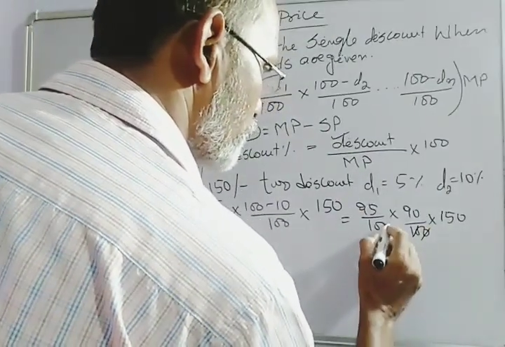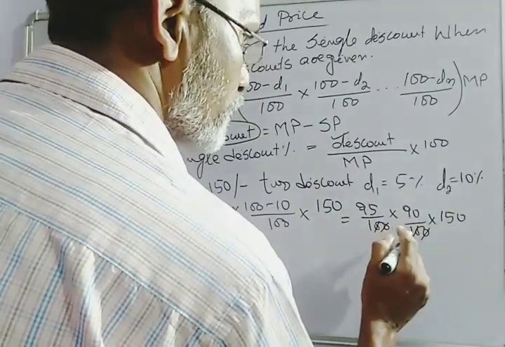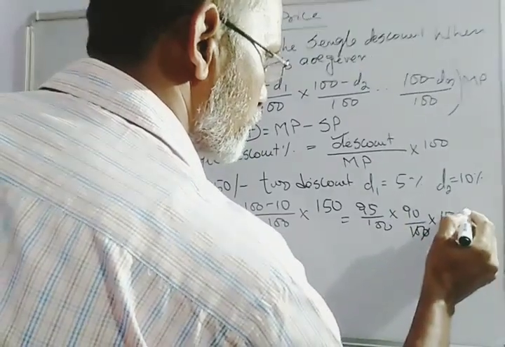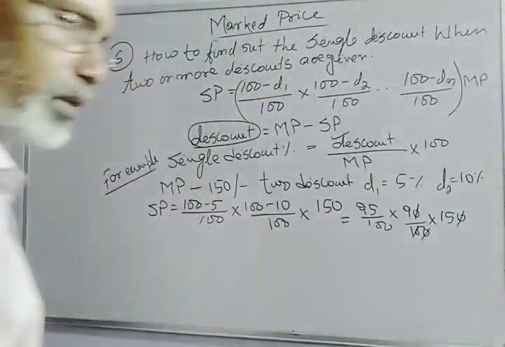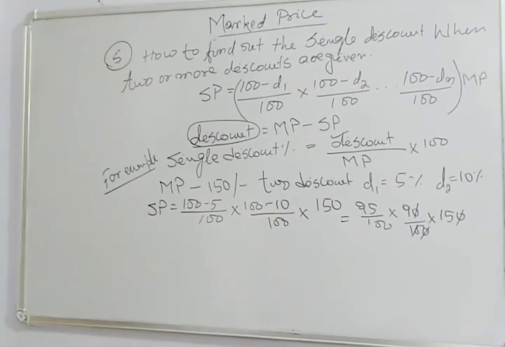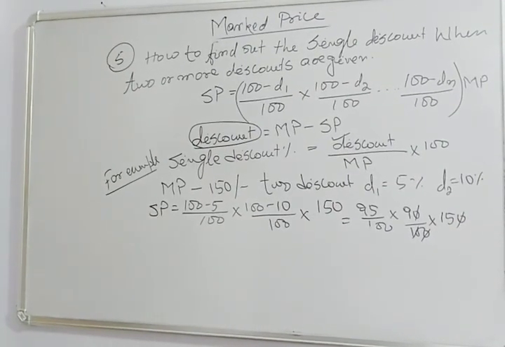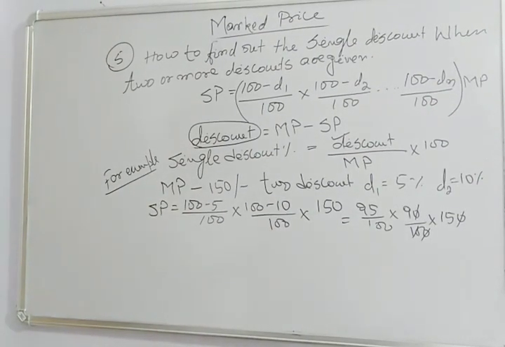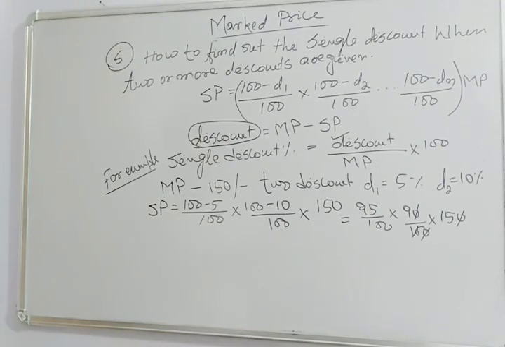So 20 are cut off. Then the answer will be 15 into 95 into 9 by 100.